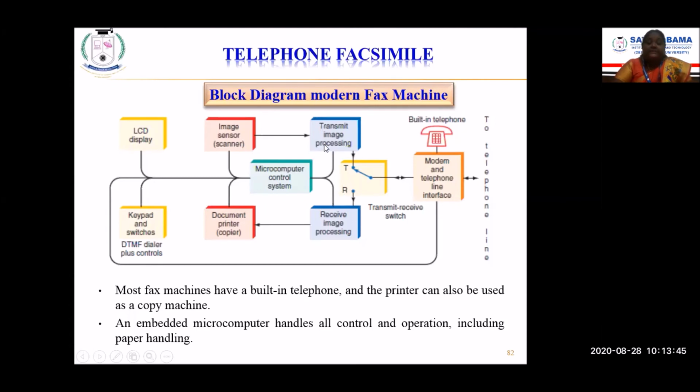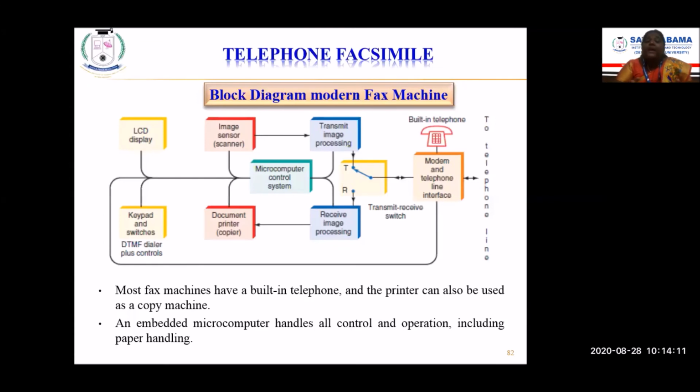And there will be the transmit image processing. As we are sending in the form of images, we need to perform some kind of image processing methods. There might be some kind of filters for removing noise. The document we are scanning could be subjected to noises, white noises, or some dust particles, something other than the information we want to send.